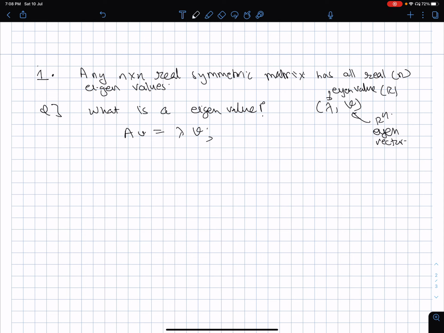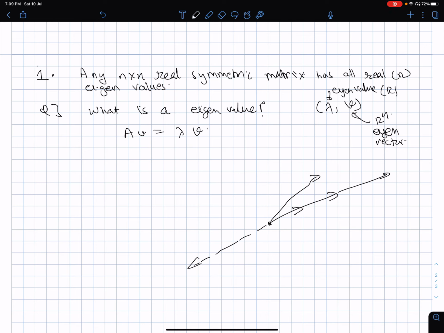So lambda can be negative or positive both. If this is your vector, it may become this, or it may go in this direction, but it will not shift somewhere here. It can be scaled, but that's all. Nothing more happens.